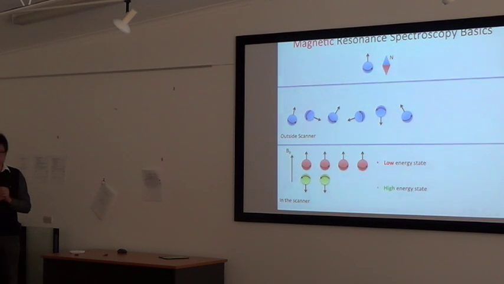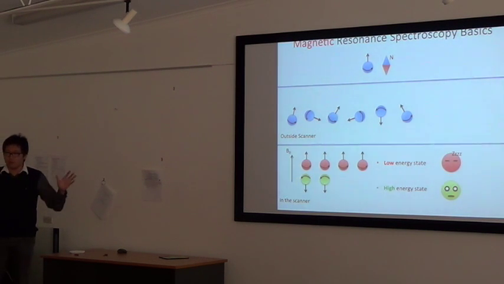So there are two states. If the direction is parallel with the external magnetic field, we call it low energetic state. And if it's in the anti-direction, we call it high energetic state. If it's so hard to understand, we can consider people.